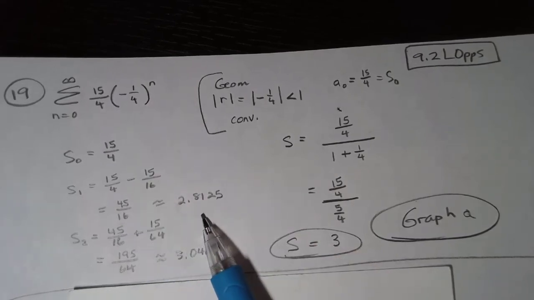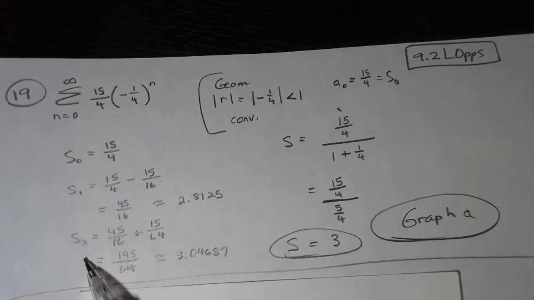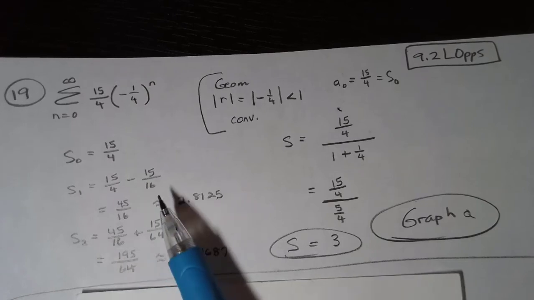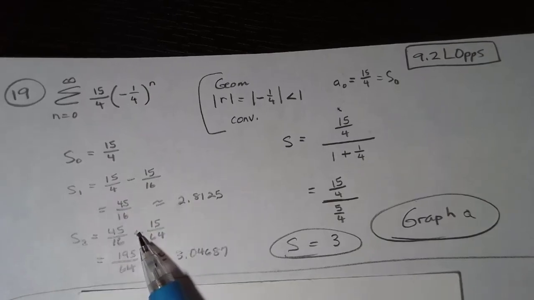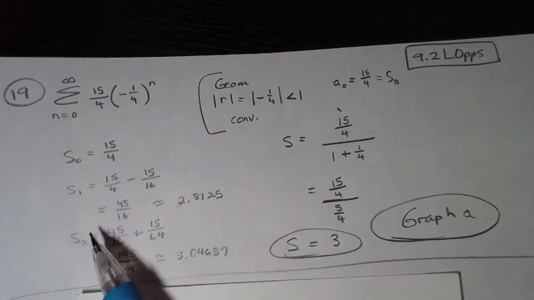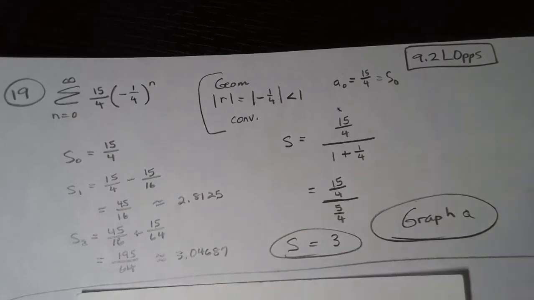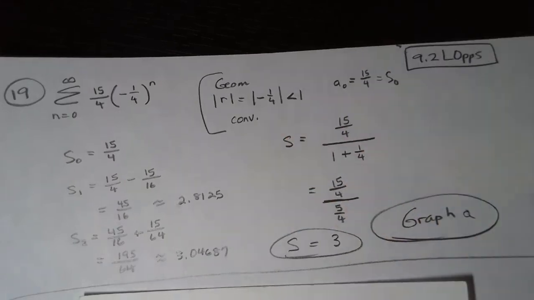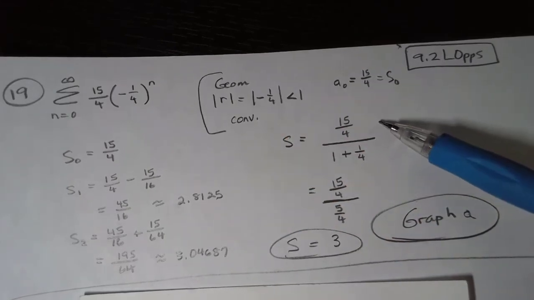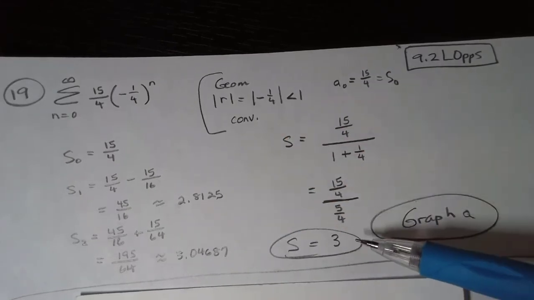The sum, S of 2, is the sum of my first three terms, which is the sum of the first two plus that next term. And my next term, when n is 2, gives me this. Again, we could go through our sum of an infinite geometric series, which gives me 3.